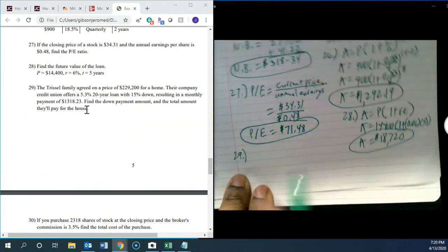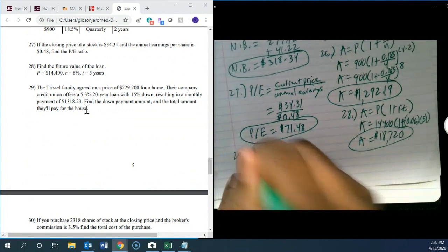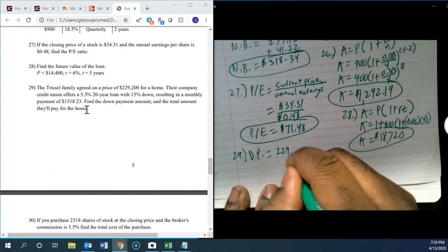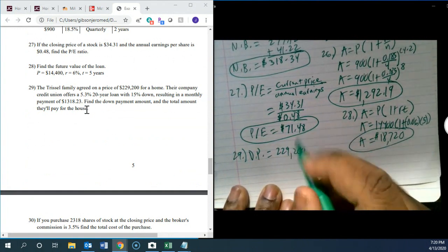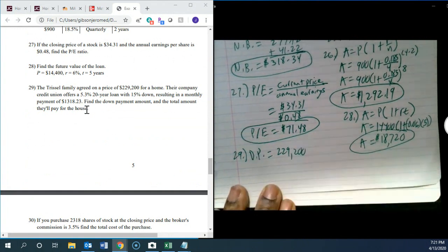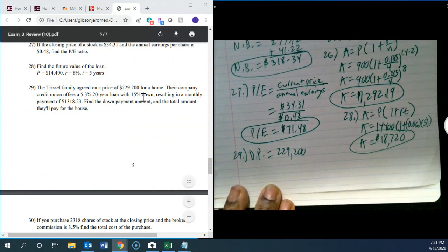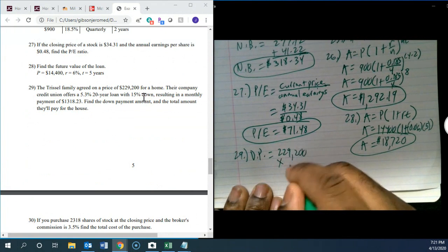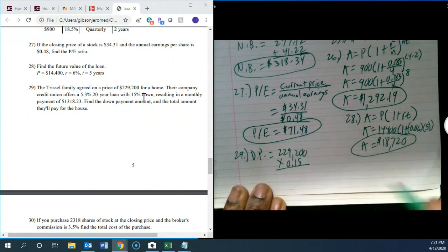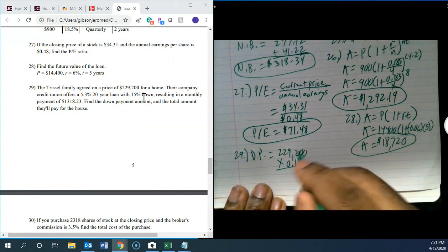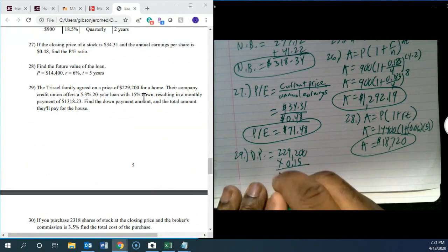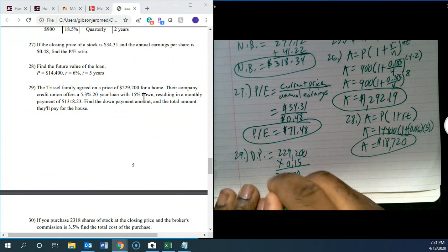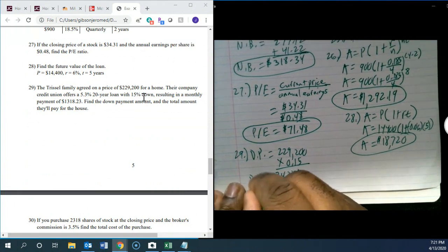To do the down payment, we would take this $229,200, and then it said we're going to put 15% down. So since we're going to put 15% down, that means that we will multiply this by the 15%, because we want to actually know what our down payment was. So our down payment is $34,380. That's our down payment.